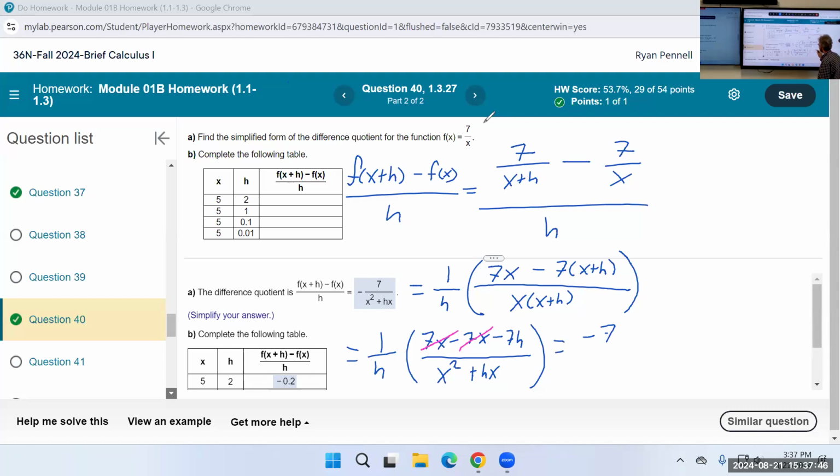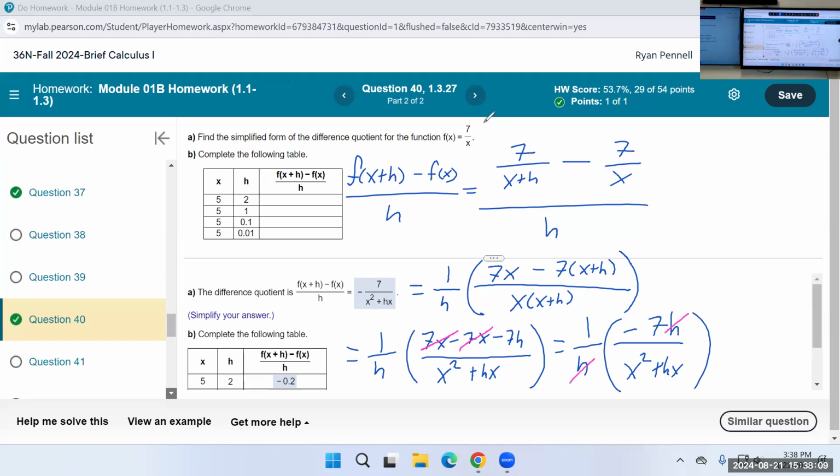Equals negative 1 over h, negative 7h, over x squared plus hx. I claim that this will reduce, so you'll just have a negative 7 up top if this was the same numbers that you had.